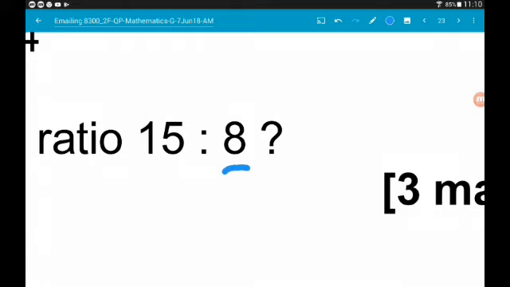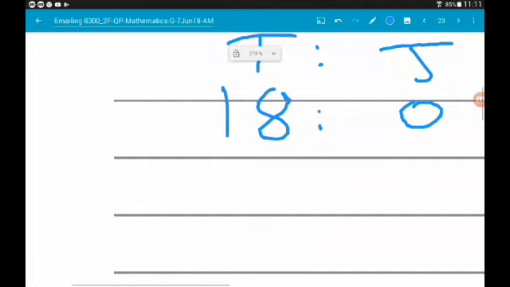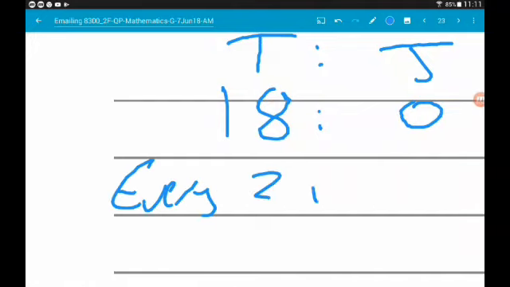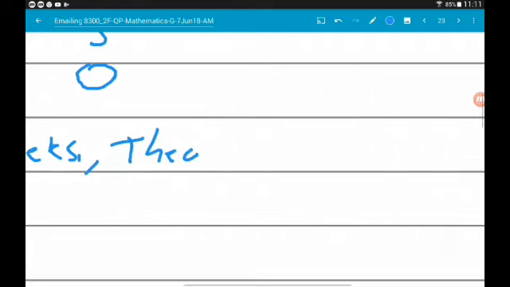So instead of adding £4.50 and £4 to Theo and James every 1 week, we're going to go up in every 2 weeks. So every 2 weeks, Theo is going to save 2 times £4.50, which is £9.